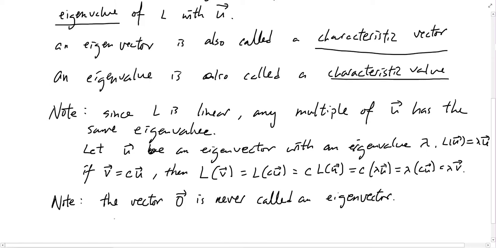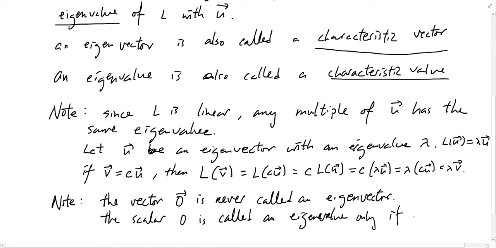However, the scalar 0 can be an eigenvalue only if L of vector u is equal to 0 times vector u, which is equal to the 0 vector, for some non-zero vector u.